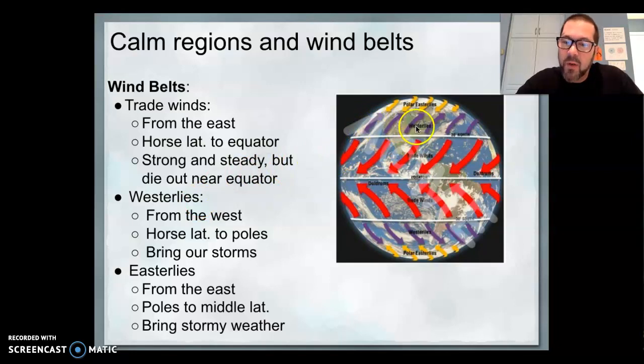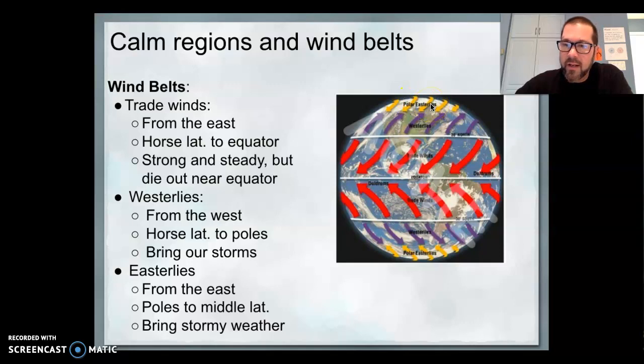Why? If you look at these purple arrows here, moving from west to east, from the horse latitudes to the poles, the westerlies are what are responsible for bringing us our weather here in Pennsylvania. The easterlies, you can see, are polar wind belts.